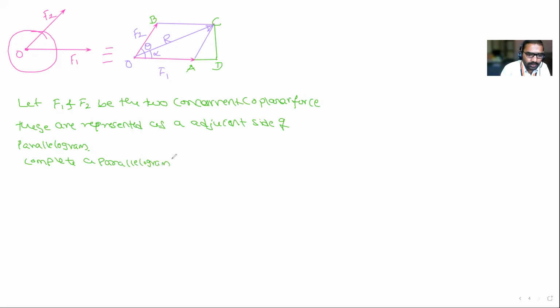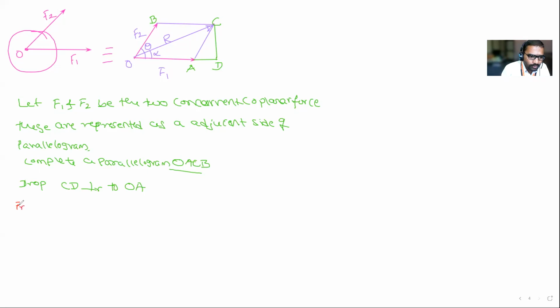What is the name of the parallelogram? OACB, correct? OACB is a parallelogram. Next, drop CD perpendicular to OA. Can you see one triangle OCD here, everyone?